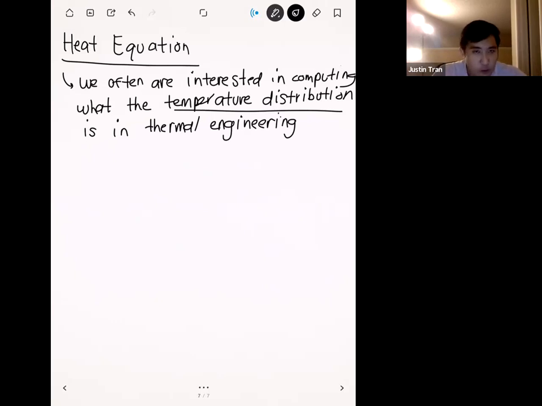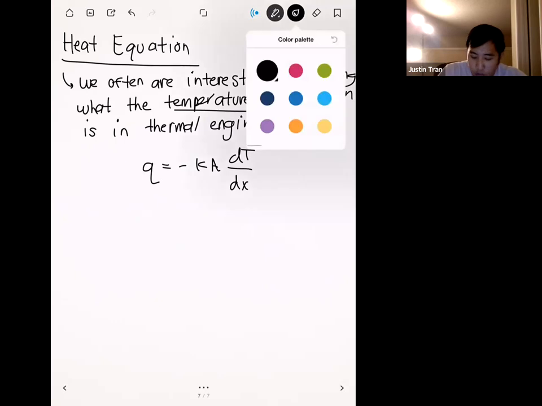And so even though Fourier's law gives us a great way to compute heat transfer, a lot of times what we're interested in is actually temperature, right? And if you look at the structure of Fourier's law, okay, a lot of times we have a little bit too many unknowns here and not enough equations to solve them, right?